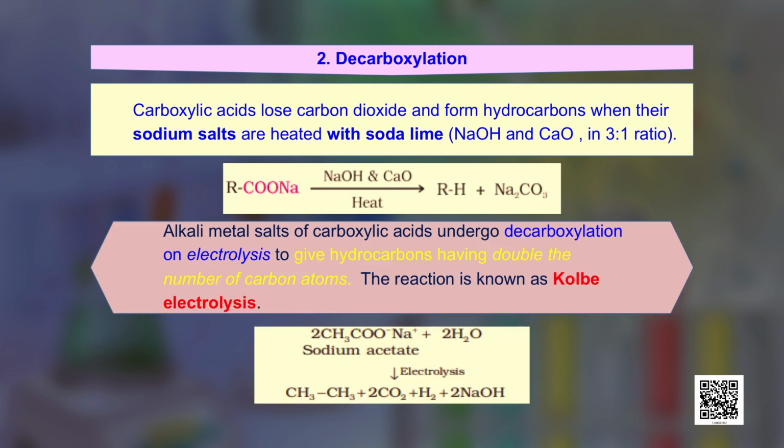Alkali metal salts of carboxylic acids undergo decarboxylation on electrolysis also, and this gives us hydrocarbons which have double the number of carbon atoms. This reaction is known as Kolbe reaction. An example is shown here where you get double the number of carbon atoms in the alkane product formed.